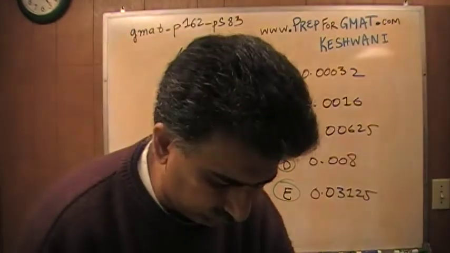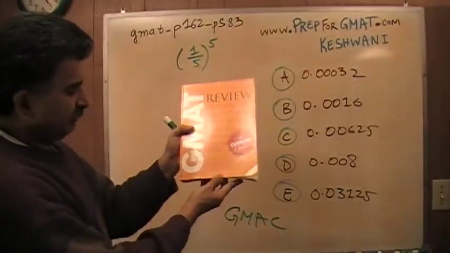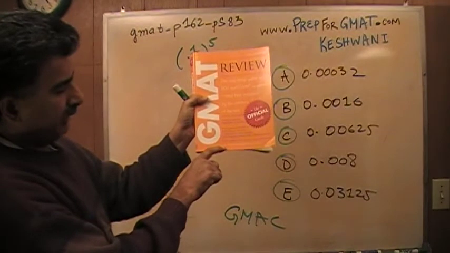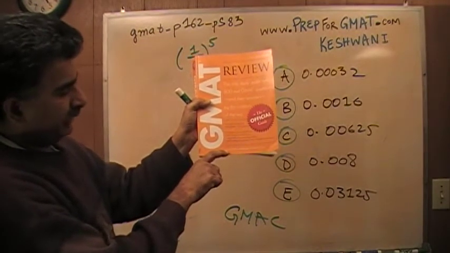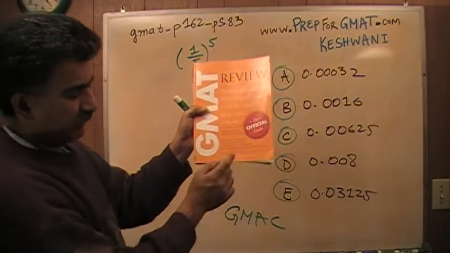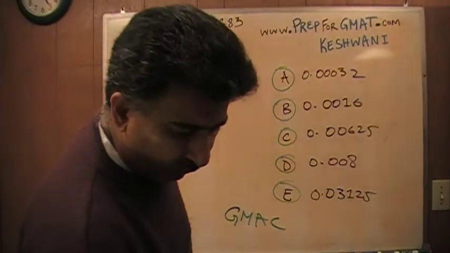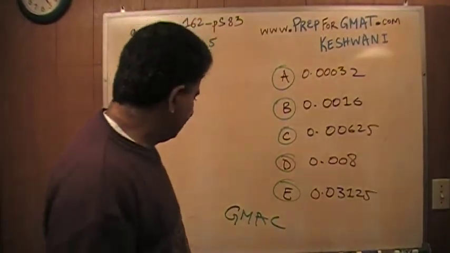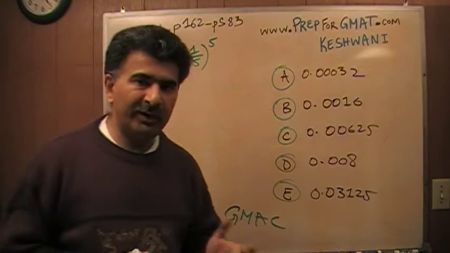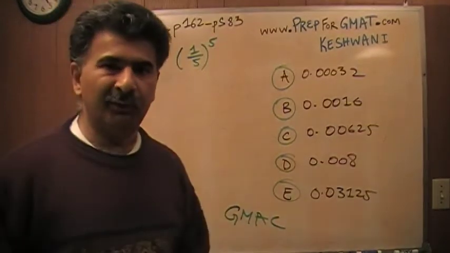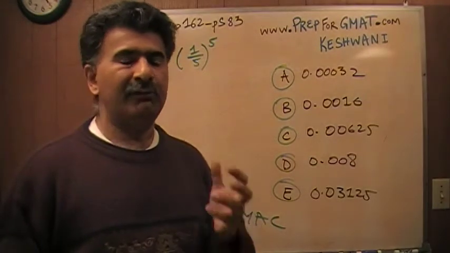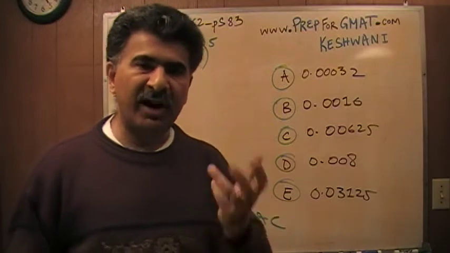I know it's a mouthful, but you will find it at the very bottom of this book. Pick up this book, on the cover at the very bottom, in very fine print, it will tell you, from the Graduate Management Admission Council. These folks who give you the exam, they expect you to behave in a certain way. They expect you to behave in a traditional way, in a classical way. And if you keep behaving in a classical way, they will trap you.